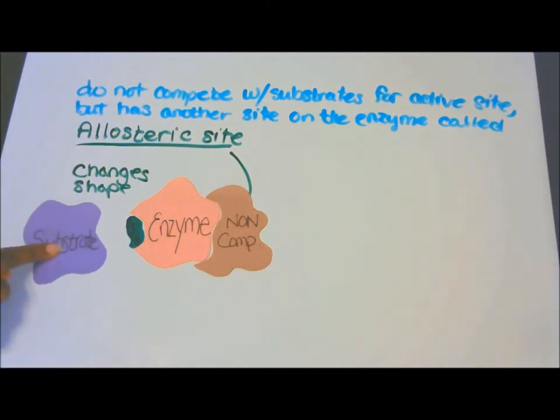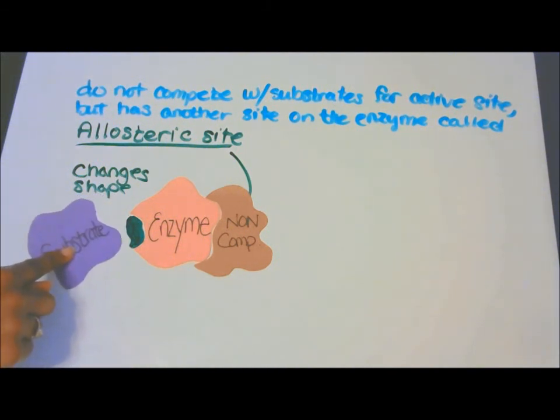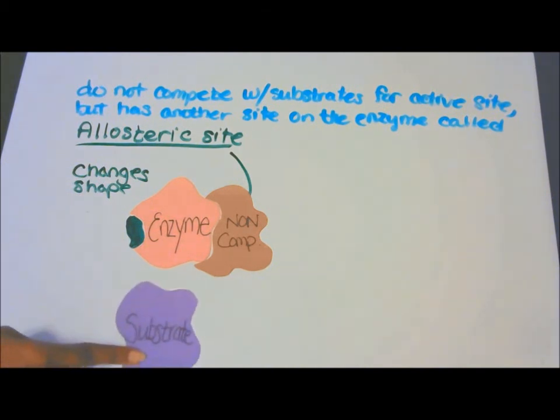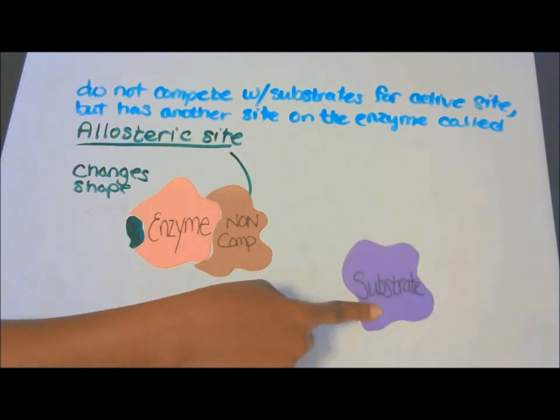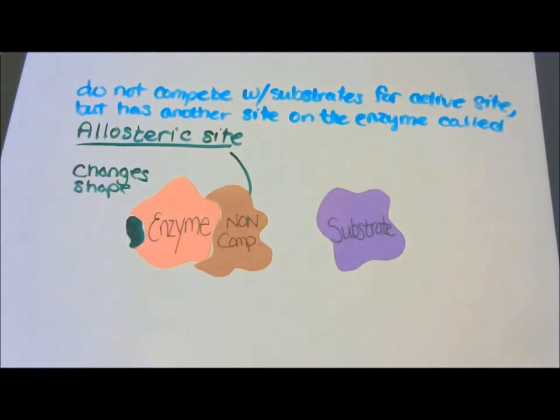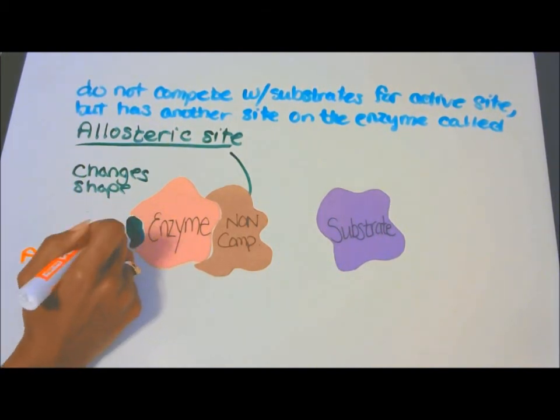Now the substrate cannot bind to the active site, leaving the substrate to be alone. Now this whole process is called allosteric inhibition.